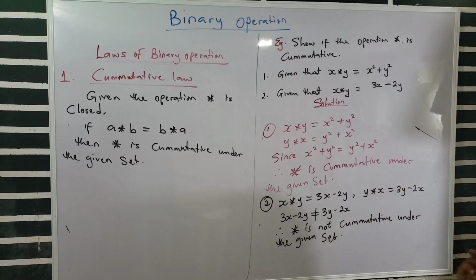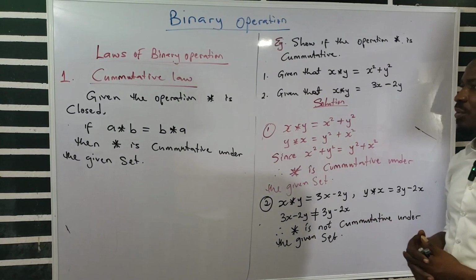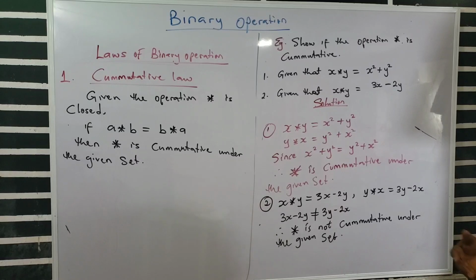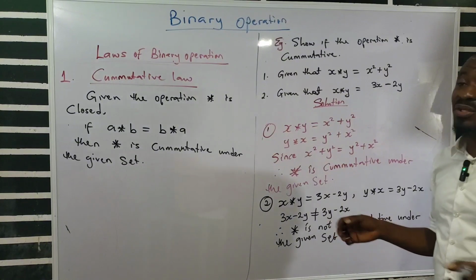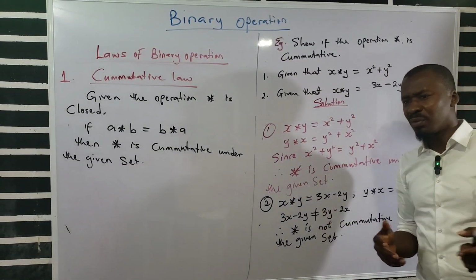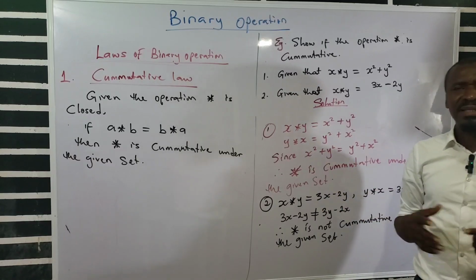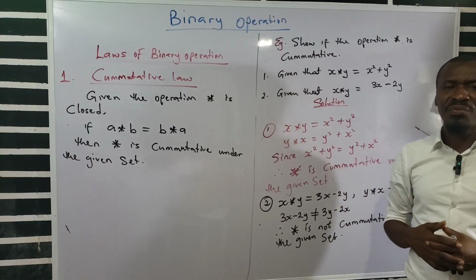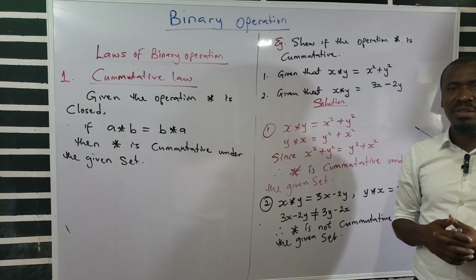So you can see that the operation is not commutative. Okay, we can actually use numbers to show that. You can have a binary operation and you are asked to show if the operation is commutative. You can decide to use numbers. Sometimes, with some numbers, it might not look as if they are different, but if you use numbers that are distinct, you'll find out that it will not be the same.